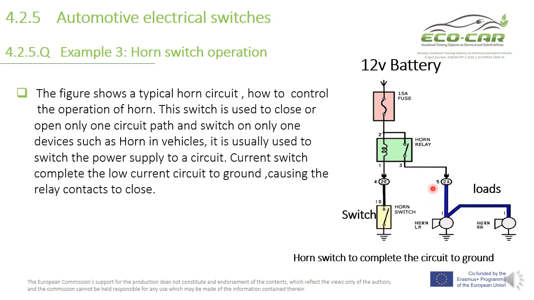So we have here one circuit connected to this cutout, this relay, during the switching on and off of the horn switch. So the current is completed in this circuit by using this relay contacts to close or open when this coil is energized.